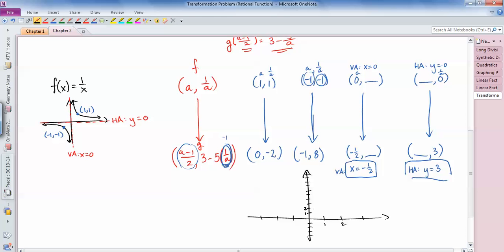Okay, so I know the vertical asymptote is at x equals -1/2. I know the horizontal asymptote is at y equals 3. And I know that I have to go through the points 0, -2, and -1, 8.